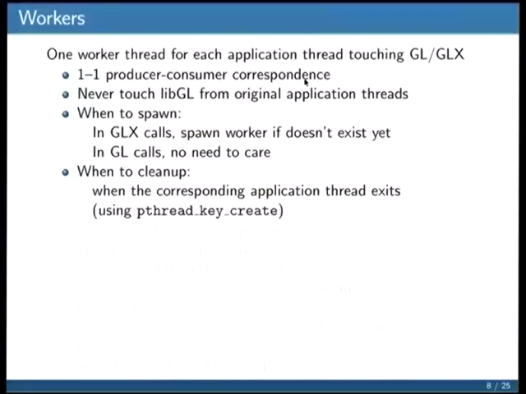About the approach to clean up on this slide, I am not sure if it is entirely correct. What if an application starts rendering something in one thread, and then creates another thread, synchronizes it with the first thread, terminates the first thread, and continues in the second thread?